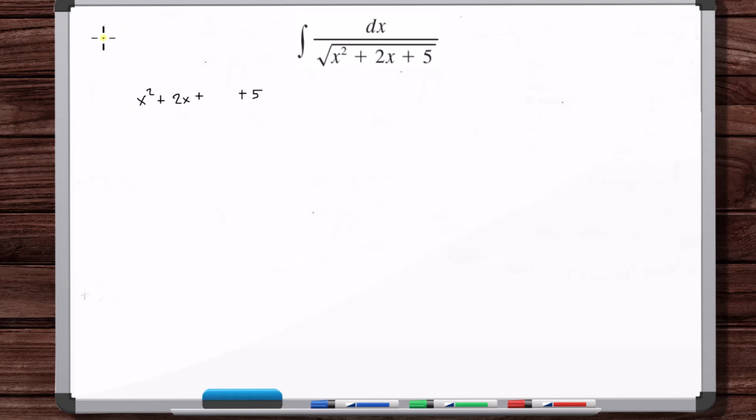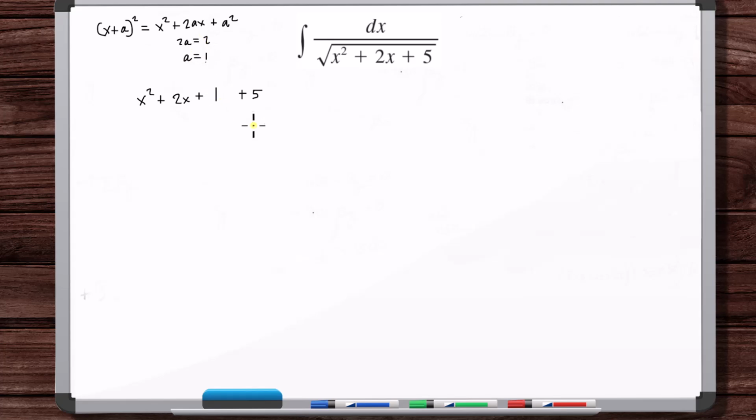So if we've got x plus a squared, then that expands to x squared plus 2ax plus a squared. In this case, 2a is equal to 2, so a is equal to 1.